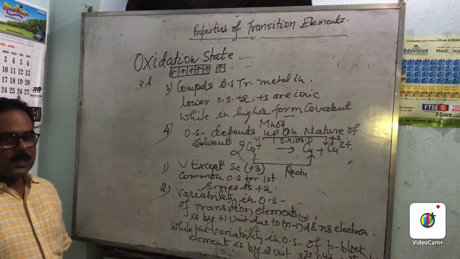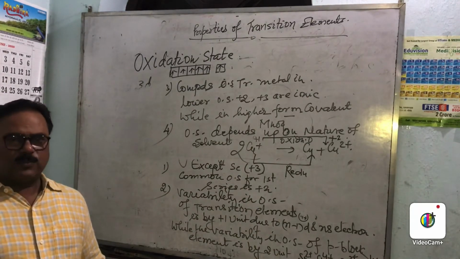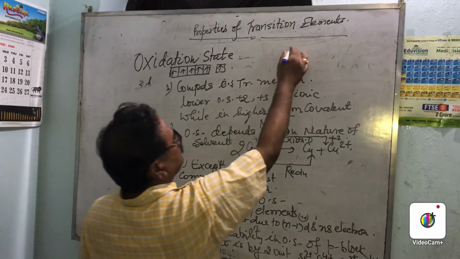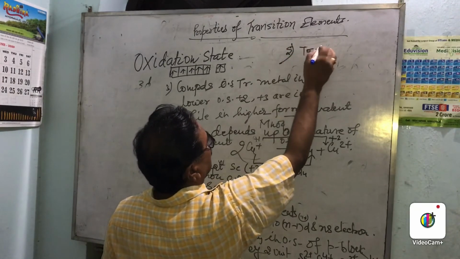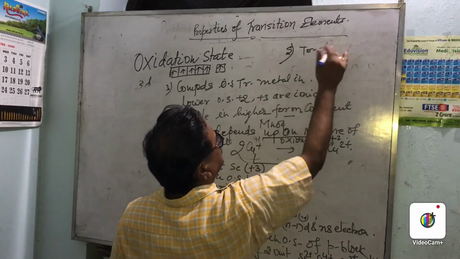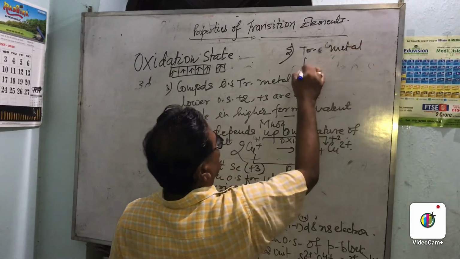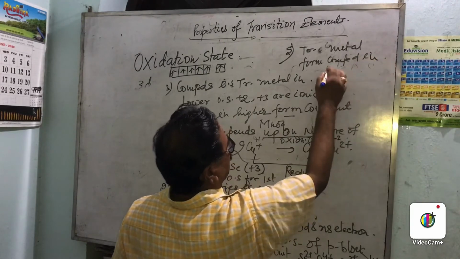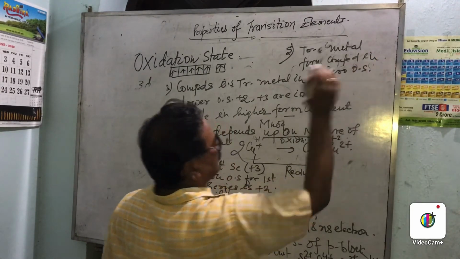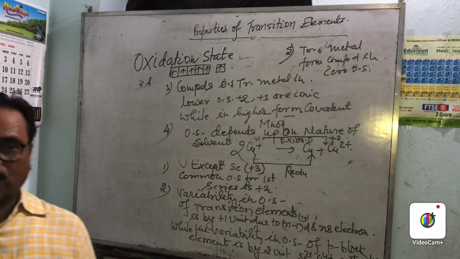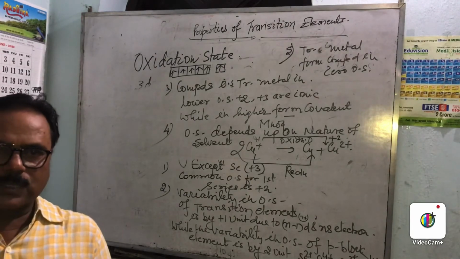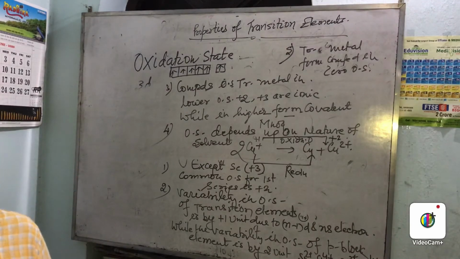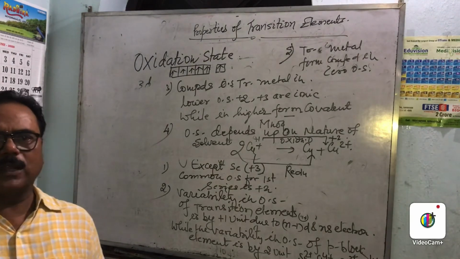Now, some of the transition elements form compounds in zero oxidation state. Note the point: transition metals form compounds in zero oxidation state. Right? You will take the knowledge of this concept in coordination bonding.